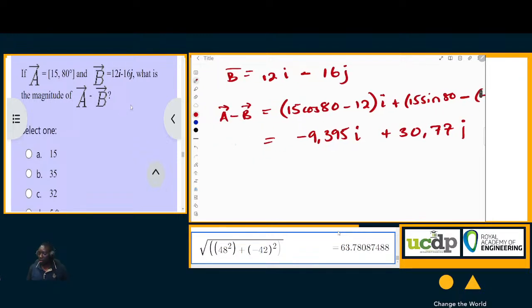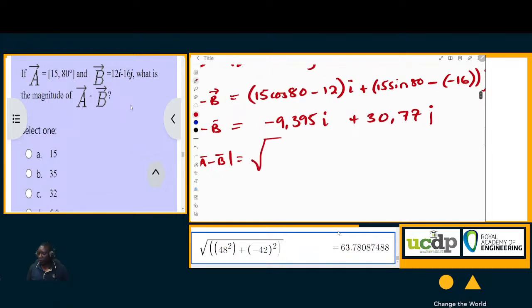So these are the components of the sum or the difference between vector A and vector B, A minus B. And the magnitude of that will be the square root of 9.395 squared plus 30.77 squared.